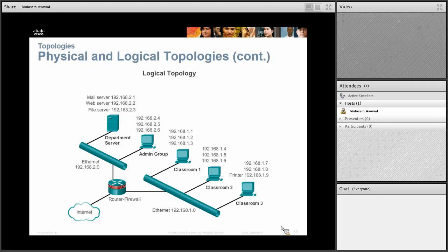You can also look into privileges and security, like which group you are in and what kind of rights and privileges you have for each group. So write down the logical topology, how they connect to each other software-wise, in other words.